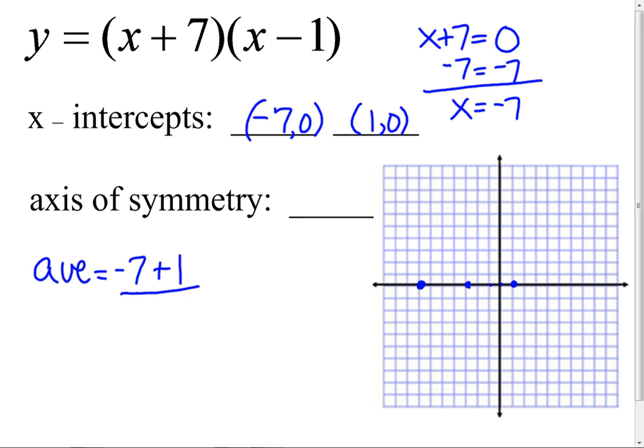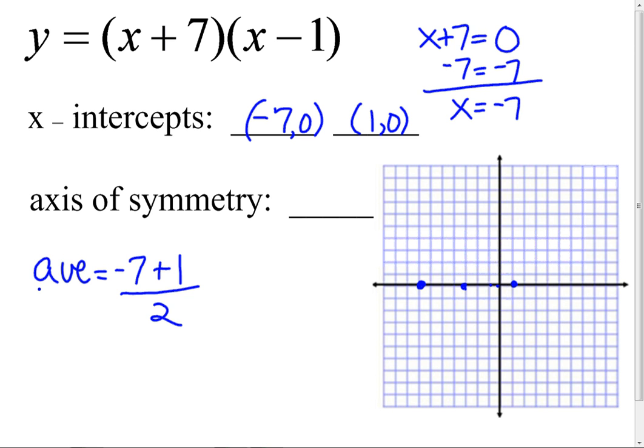So it's -7 plus 1. It's negative what? Average. Is it -3 or -4? Is that halfway? Sometimes we don't count.